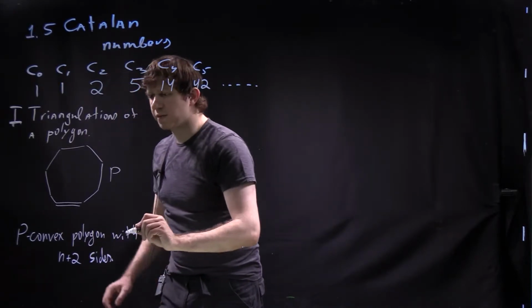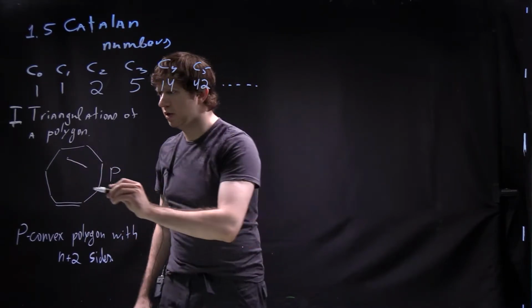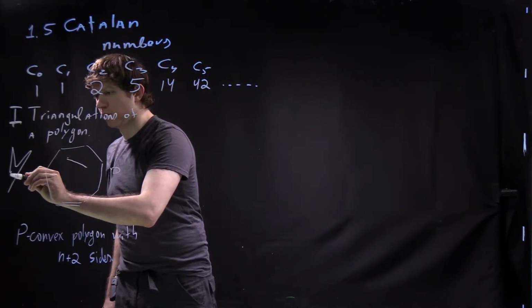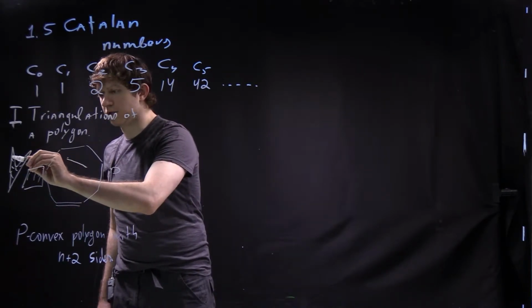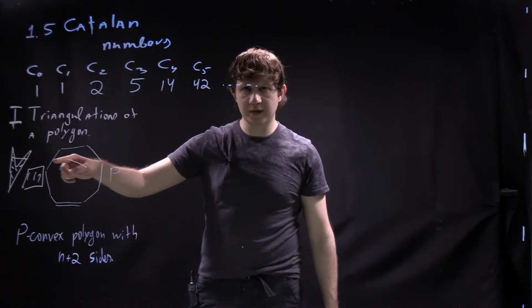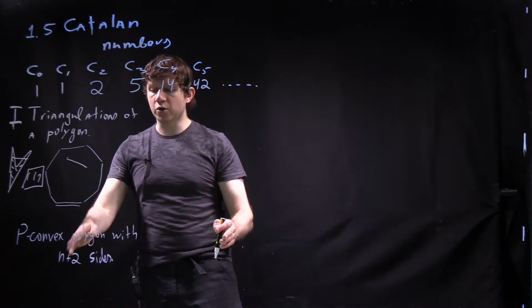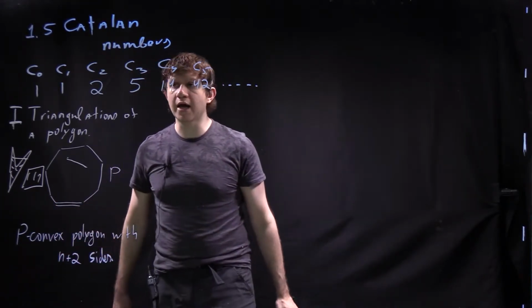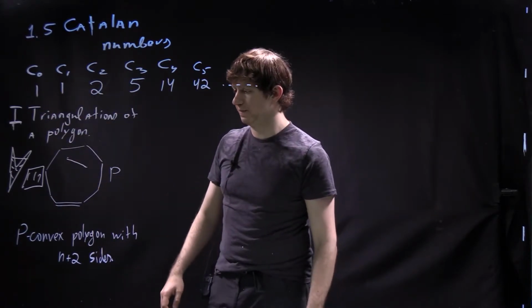Convex means for every 2 points, a segment connecting them is inside the polygon. So that's an example of a non-convex polygon, and that's an example of a convex polygon. This one is not convex because you can connect 2 points by a segment which is outside of the polygon. So P is a convex polygon with n plus 2 sides, and you can ask why not n? That's related to the way I label Catalan numbers.